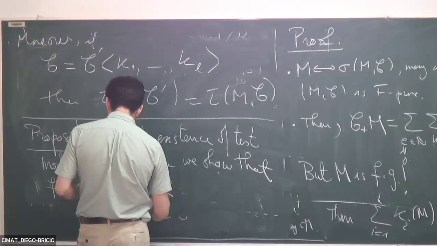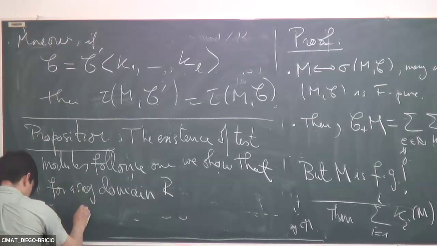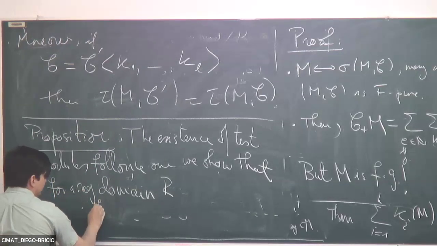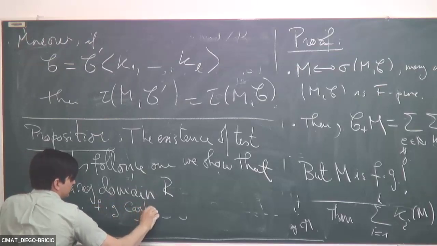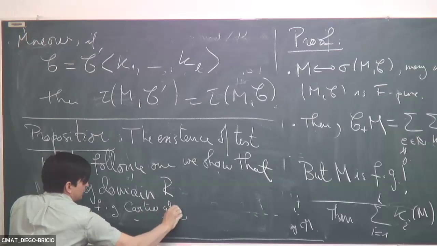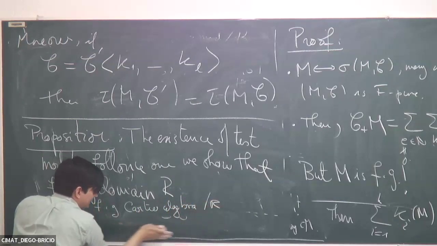or let me put the conditions here. Regular domain R first, finitely generated Cartier algebra over R. Okay.